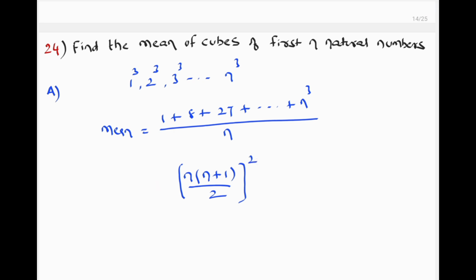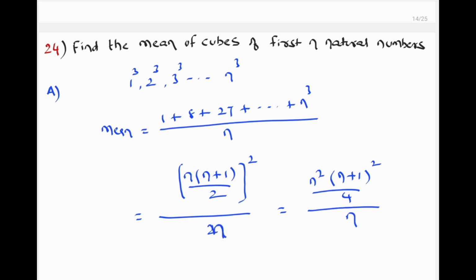Therefore, we will get n power 2 into n plus 1 whole power 2 by 4, whole by the number of observations, that is n.